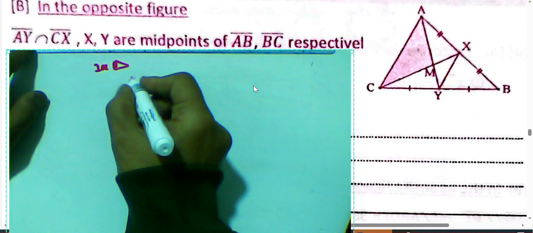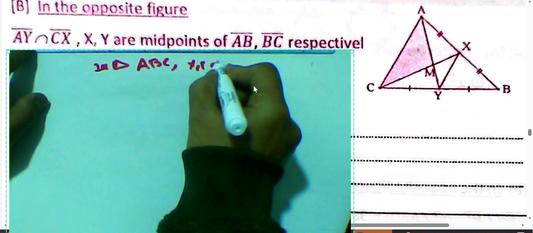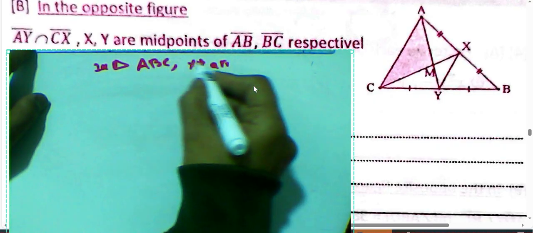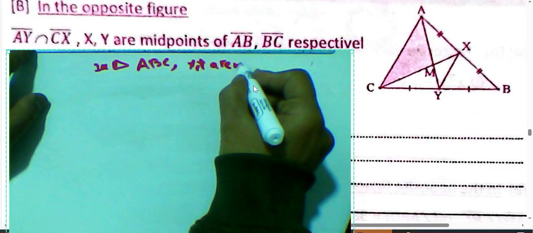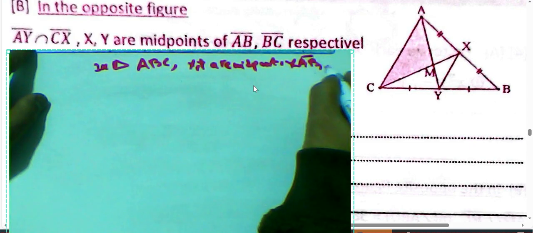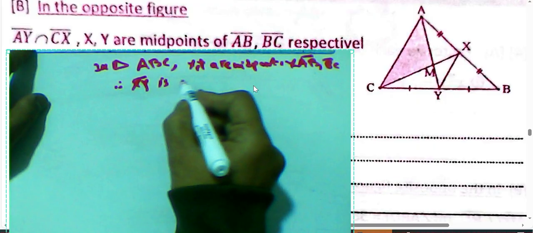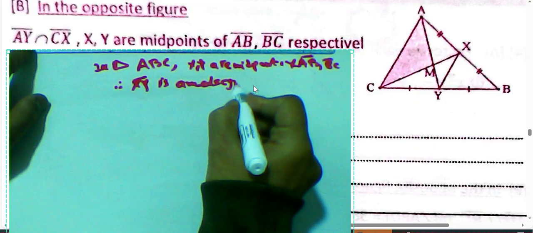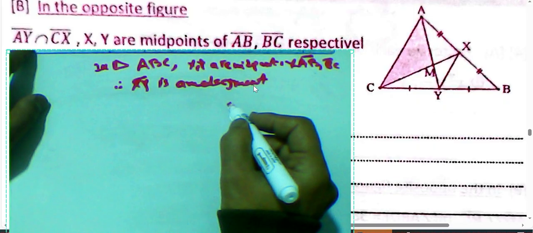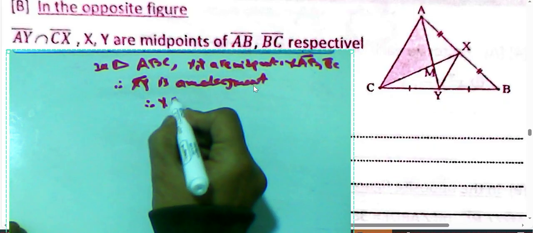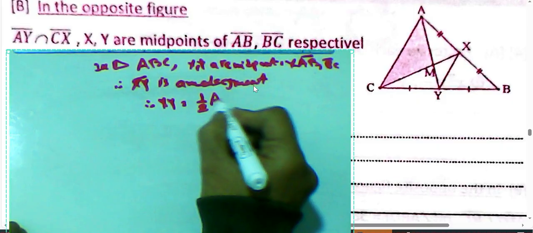First, we can write in triangle ABC such that x and y are midpoints of AB and BC respectively. Then XY is a mid segment. We call it a mid segment. Then XY will be half of AC.